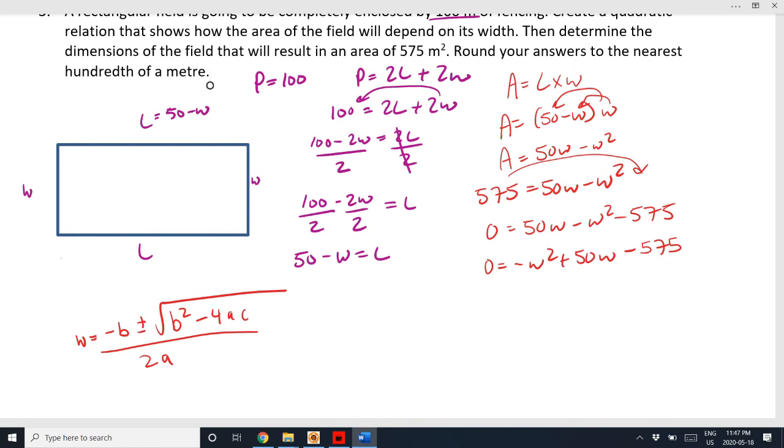And before we continue, let's just list out what our A, B, and C values are. So our A is equal to negative 1. Our B is equal to 50. And our C is equal to negative 575.